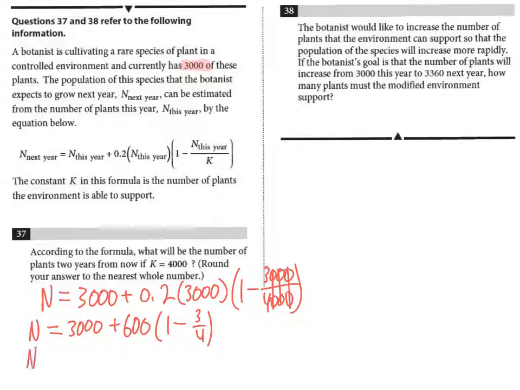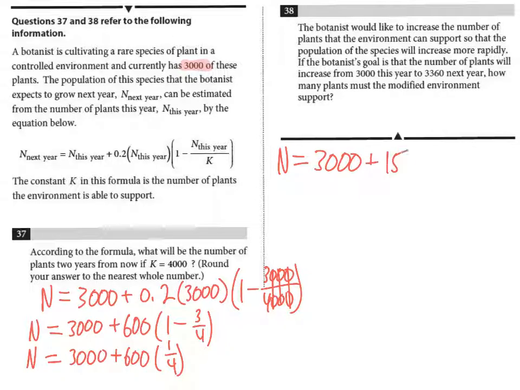So next year there should be 3,000 plus 600 times, well, 1 minus 3/4 is 1/4. 1/4 of 600, well, 1/4 of 60 is 15, so 1/4 of 600 is 150. That means that next year the population is going to be 3,000 plus 150, or 3,150.